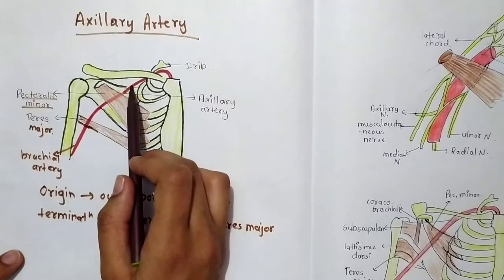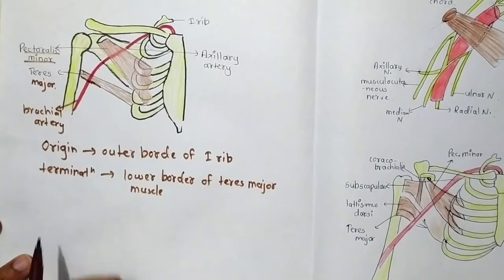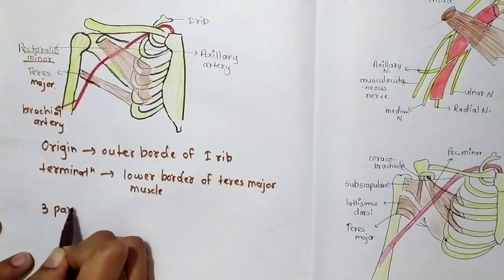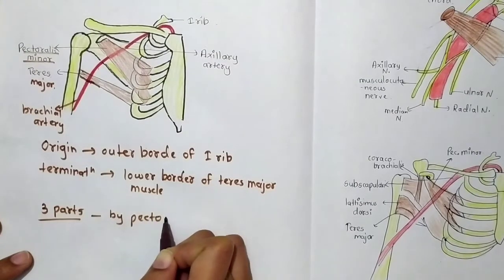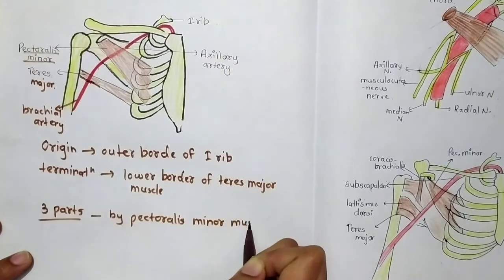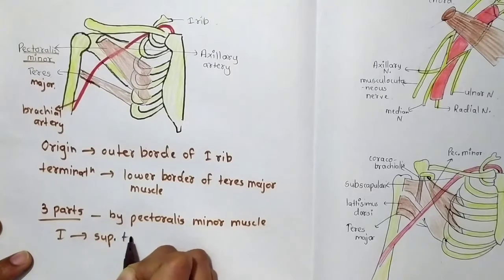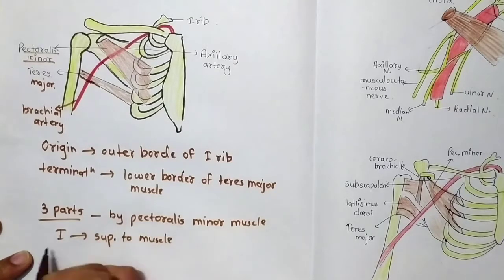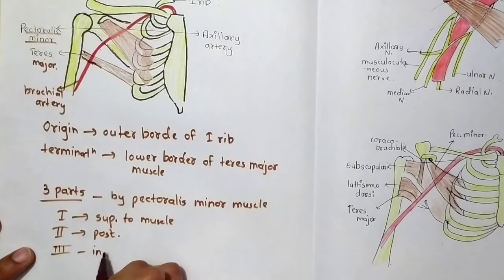The first part is superior to the muscle, the second part is posterior to the muscle, and the third part is inferior to the muscle.